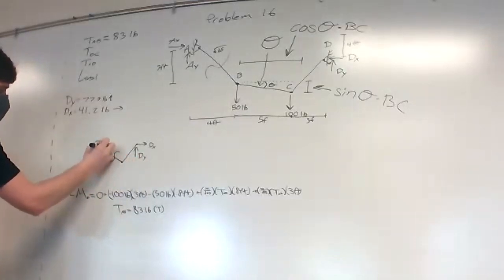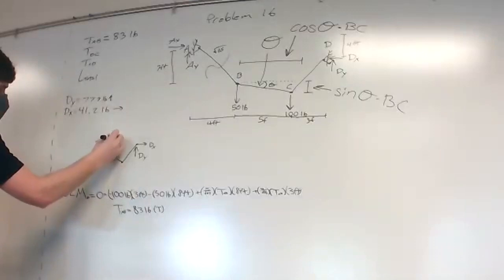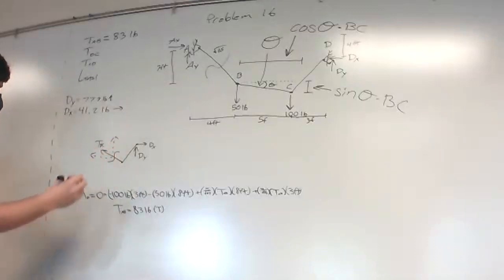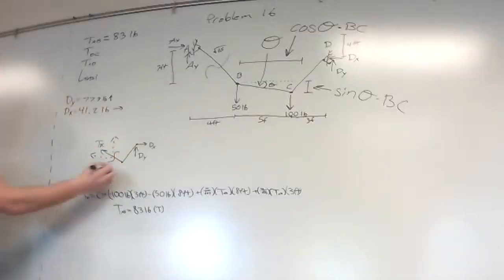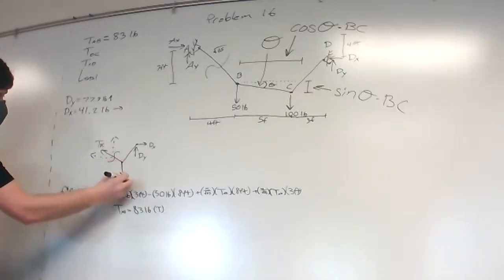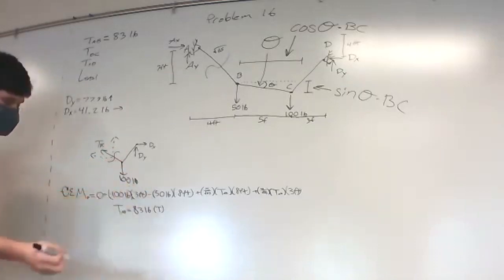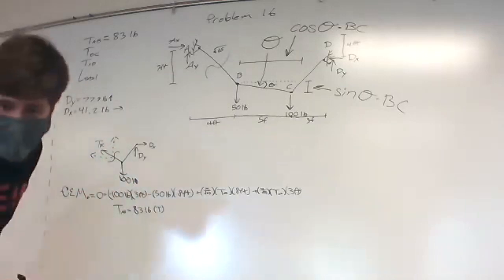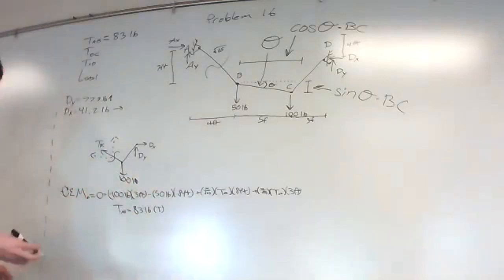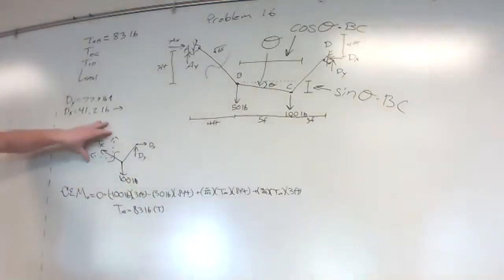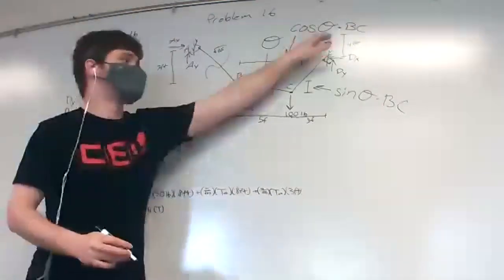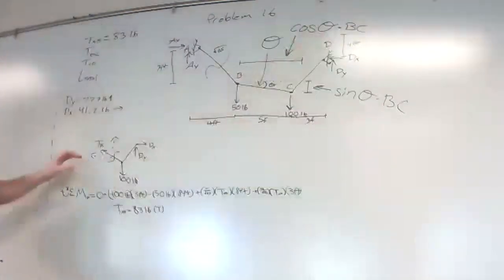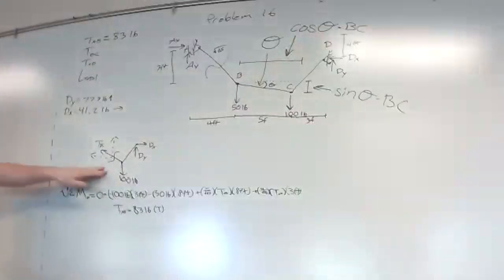Here we have TBC, vertical component, X component. And we have 100 pounds. With these components broken up into cosine and sine, we're not going to be able to work with the moment equation since we're going to have two unknowns in the one equation.